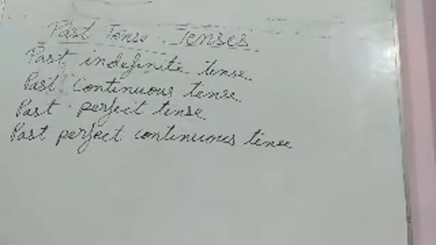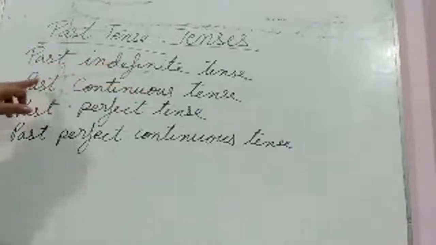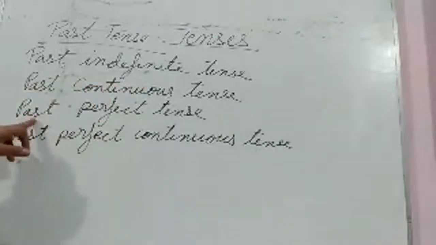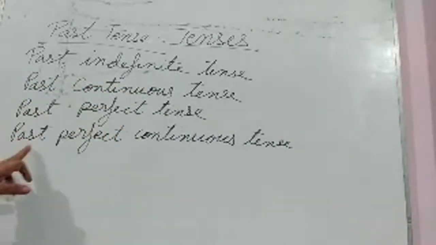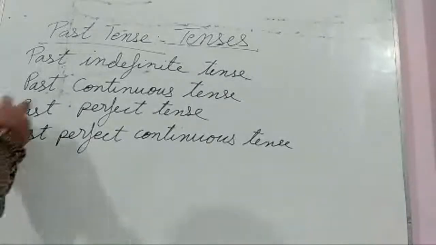Okay, so as we have discussed previously the four kinds of present tense, in the same way now we are going to continue with past tense with its four kinds, that is past indefinite tense, past continuous tense, past perfect tense, and past perfect continuous tense. So let's start with past indefinite tense.